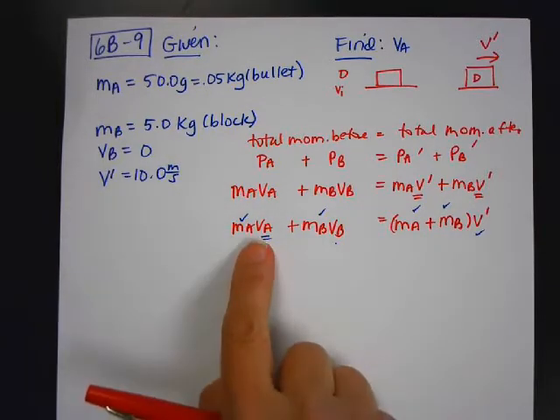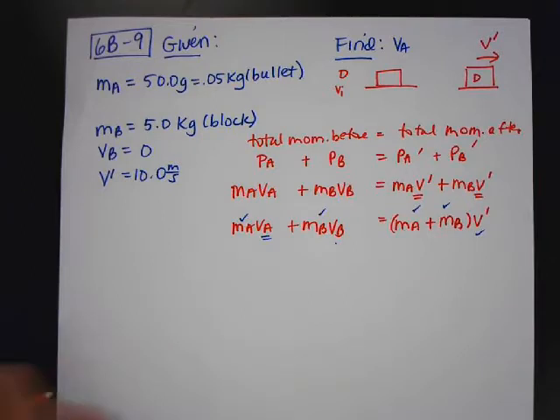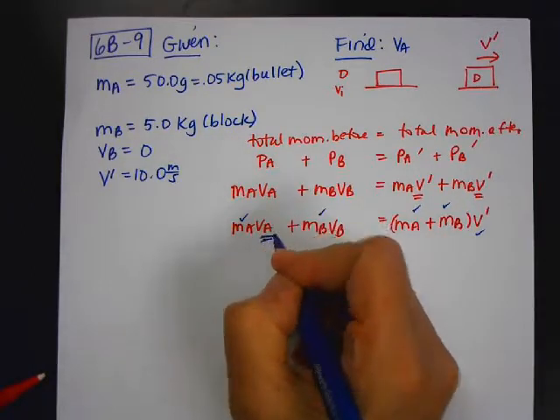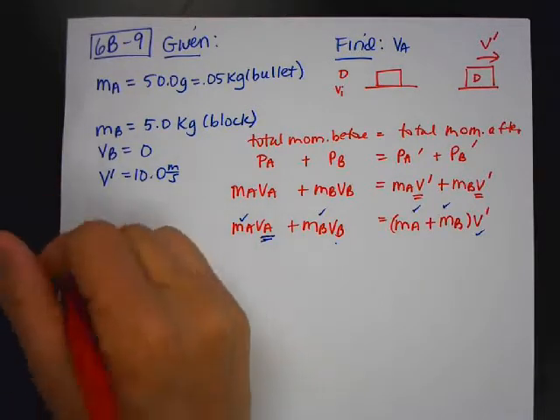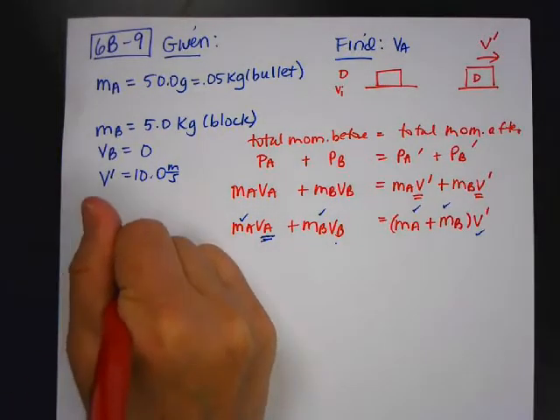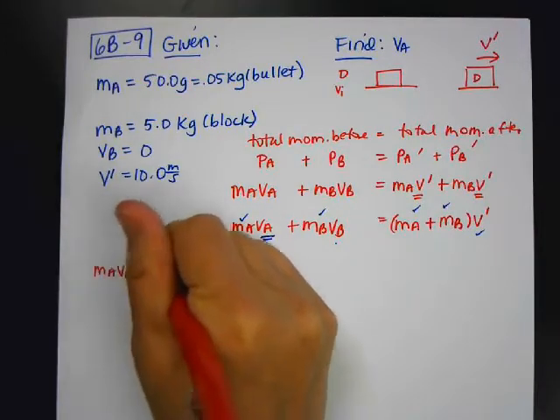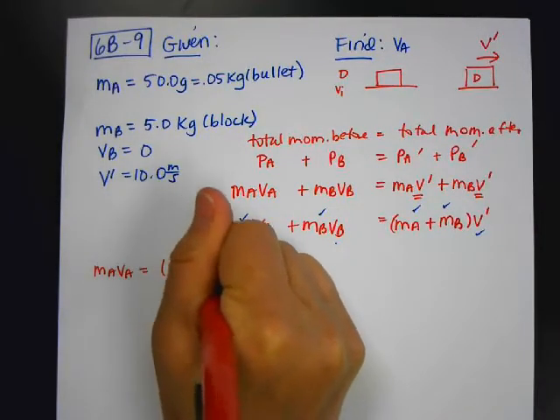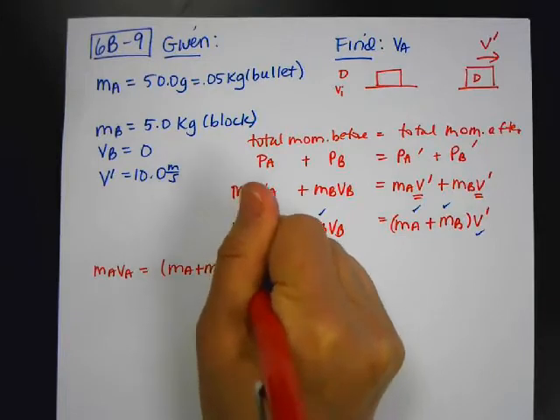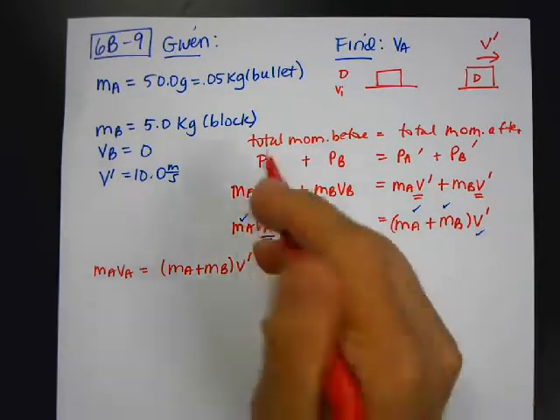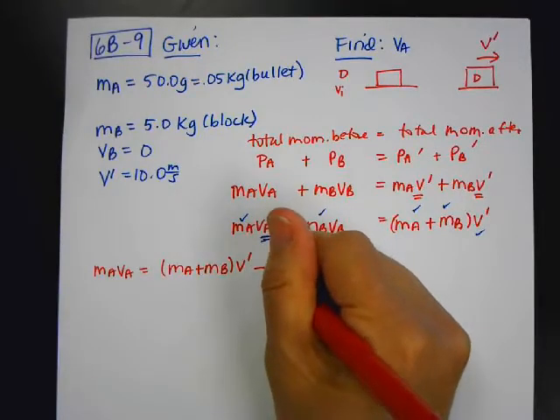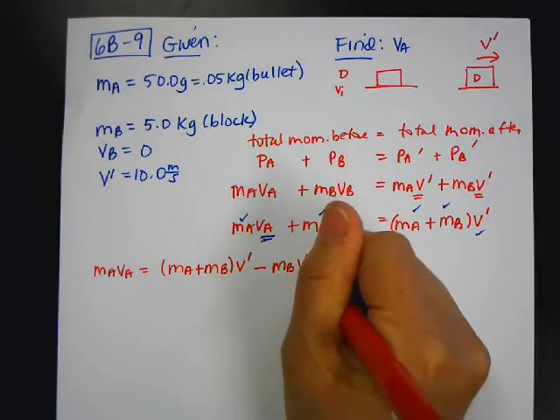First, because I want to solve for VA, I want this in the numerator all by itself. So I'm going to have MAVA is equal to MA plus MB times V prime. And because this is addition, I'm going to subtract it from both sides, so it's going to be minus MBVB.